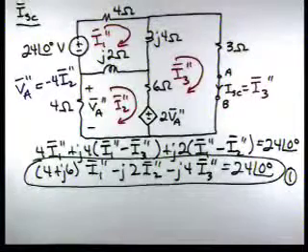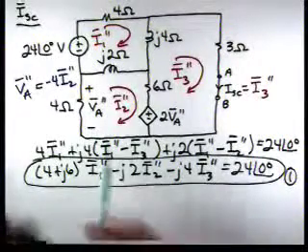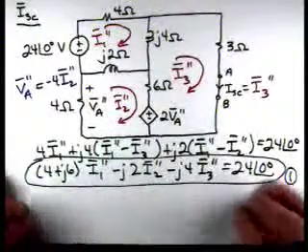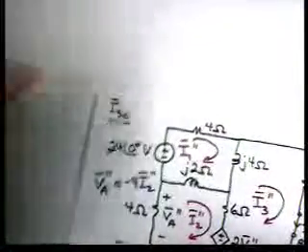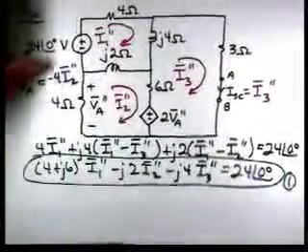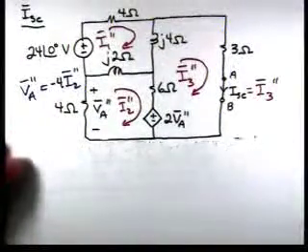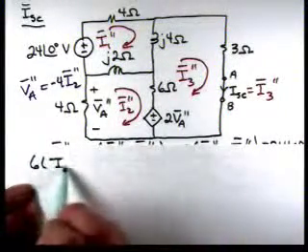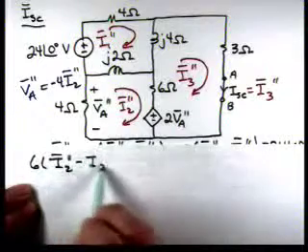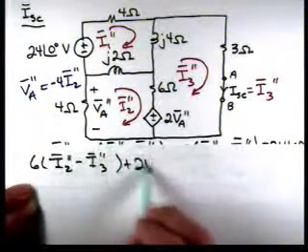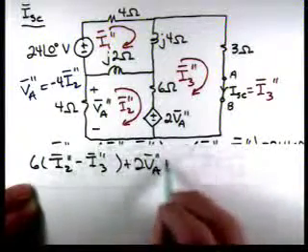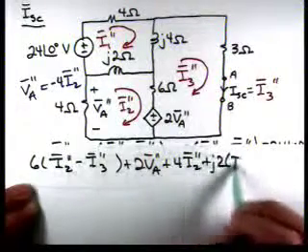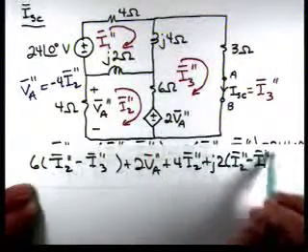Okay, so now let's go down and start with this mesh. Starting here and going around, we'll have 6 I2 double prime minus I3 double prime plus 2 VA double prime plus 4 I2 double prime plus J2 times I2 double prime minus I1 double prime equal to 0.